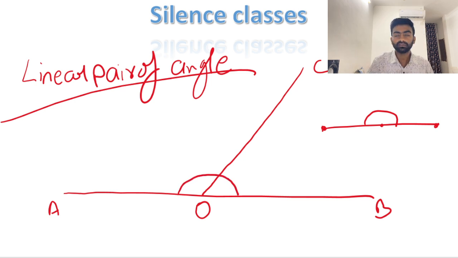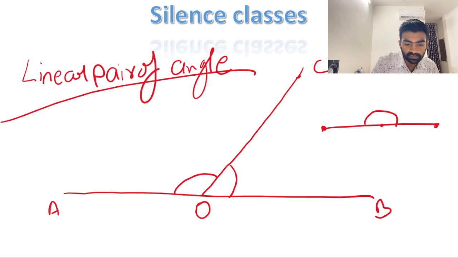We can draw it like this, but there is one line over here, coming from C to O, and dividing it, this is one and this is second. This means this 180 degree line is made up of two angles.